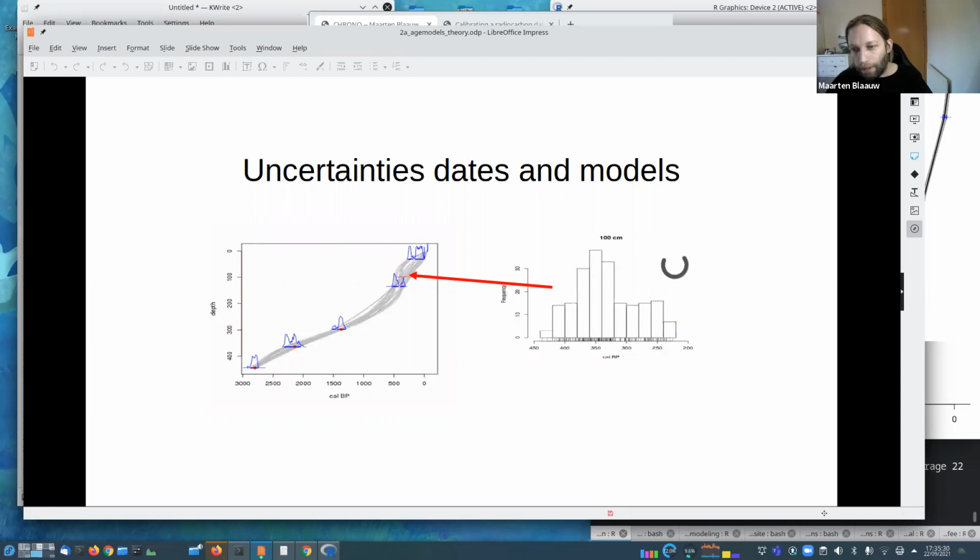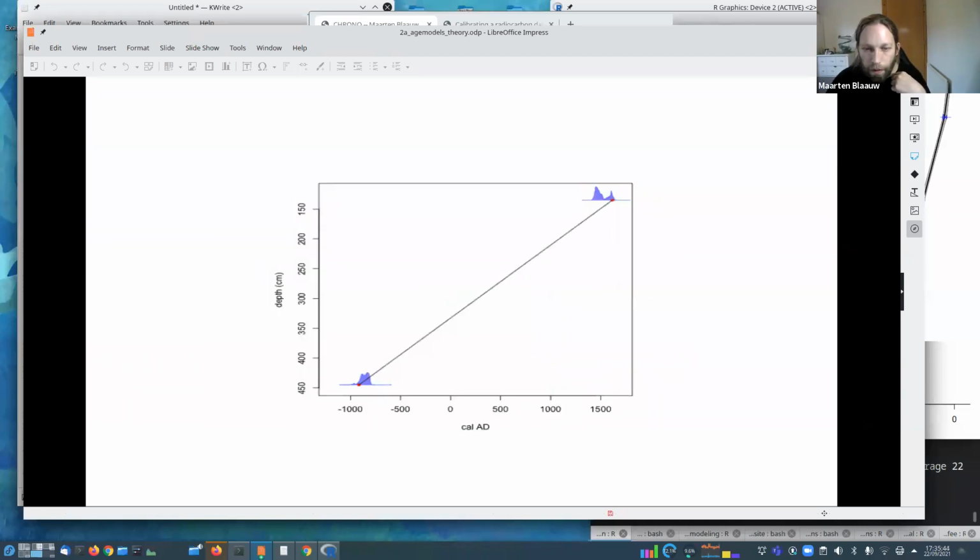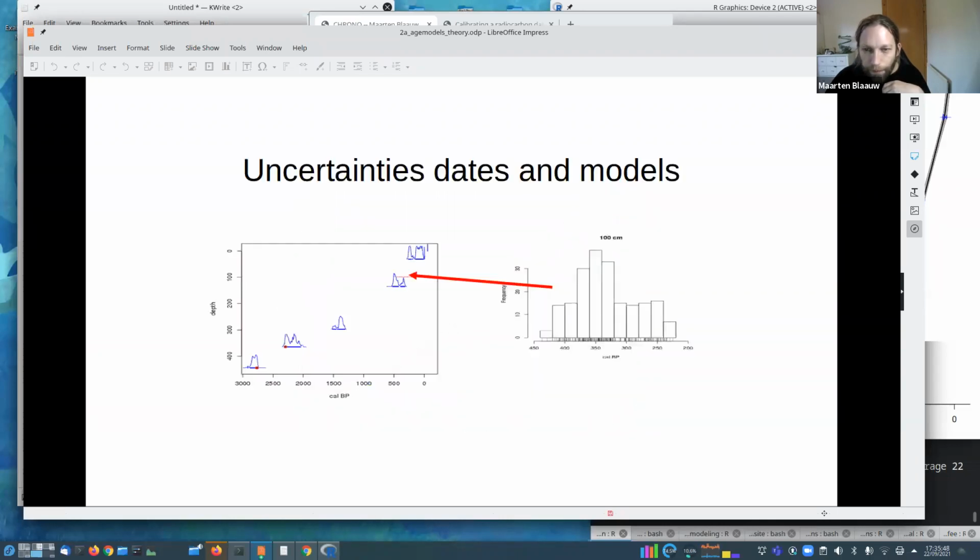And you can then plot that, and that gives you an estimate of the age at 100 centimeters depth and its uncertainty.